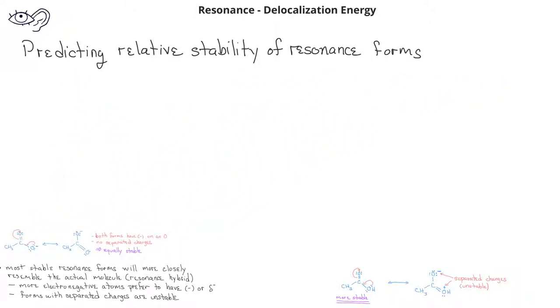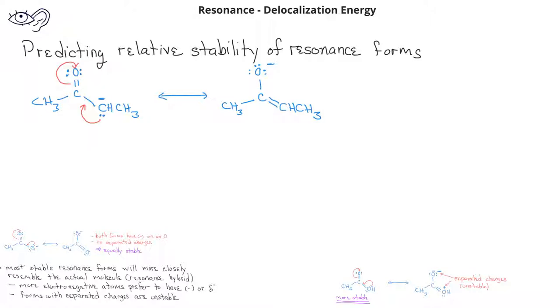In the third example, we have this structure with a carbonyl group, a carbon double bonded to an oxygen, and then we have what's called a carbanion, or a negative charge on the carbon bonded to the carbonyl carbon. Its alternative resonance form has the double bond to the carbon bonded to the carbonyl carbon, and there's 3 lone pairs of electrons and a negative charge on the oxygen.